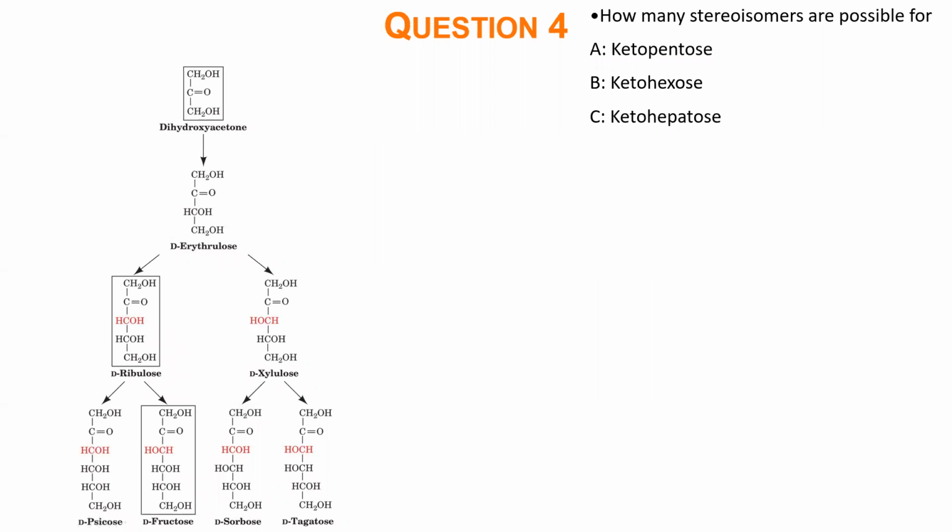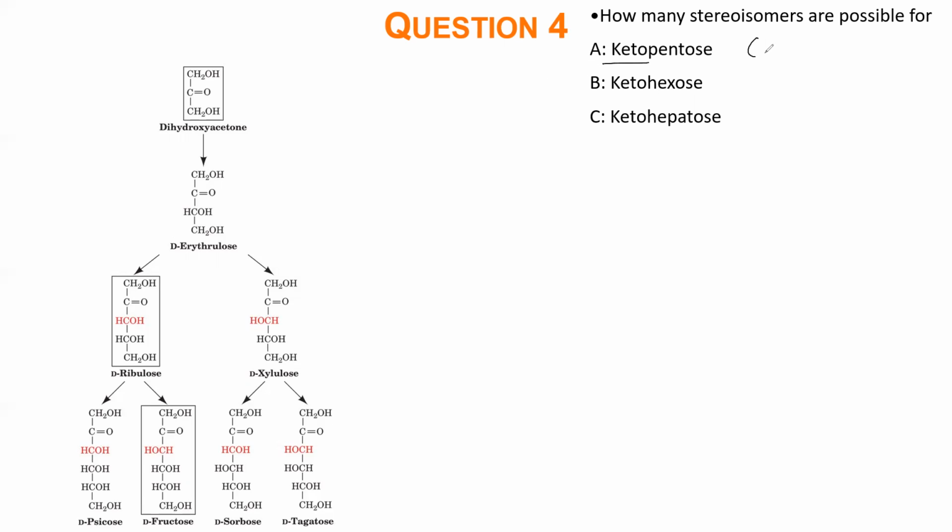So let's test that. I want to know, for a keto pentose, a keto hexose, and a keto heptose, how many stereoisomers are possible? I'll do A for us. So keto pentose, let's look at this name. Keto means we're dealing with a ketone.